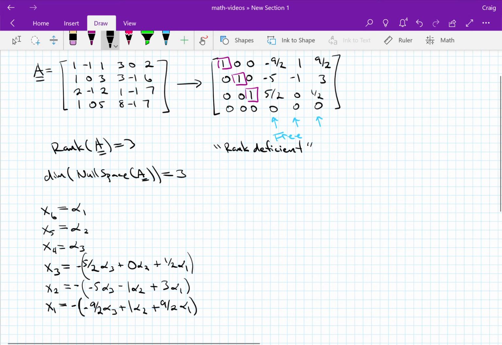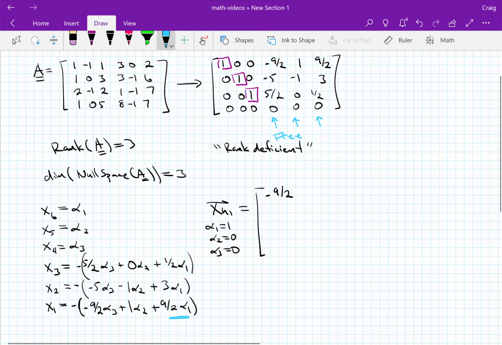Okay, so now we have our 3 null vectors. Null vector number 1, x homo 1, corresponds to alpha 1 turned on and the others turned off. So alpha 1 is equal to 1, alpha 2 equals 0, alpha 3 is equal to 0. If I write my values for x1 through x6 with alpha 1 turned on, this is going to be negative 9/2.